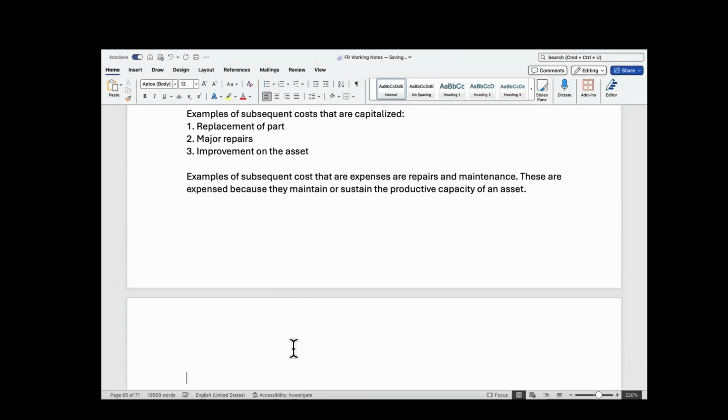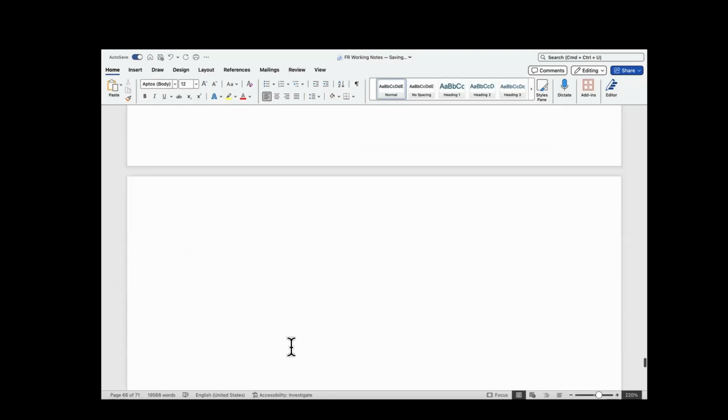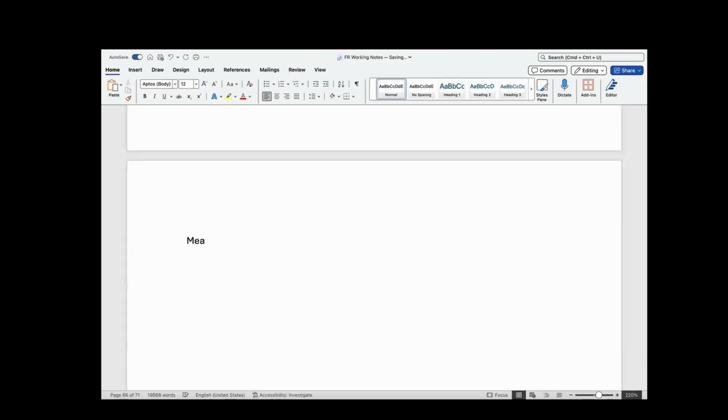Now, after subsequent costs, the next thing is measurement of PPE. Measurement of PPE. And when we talk about measurement, we are talking about getting the value that would be attached to this PPE.